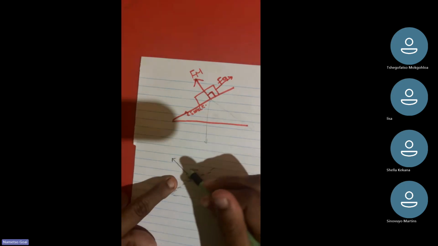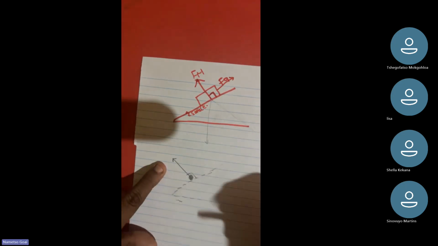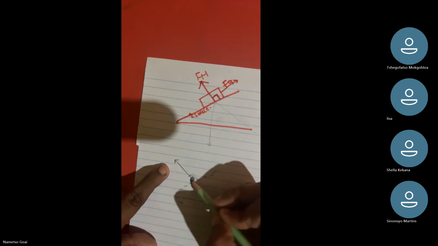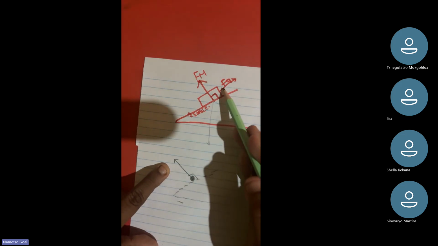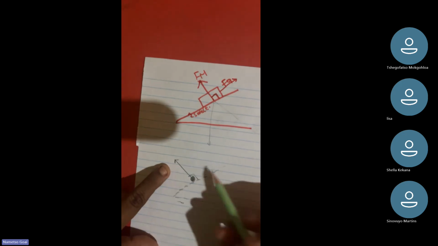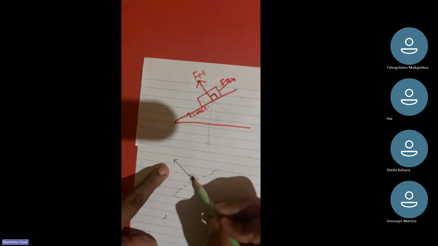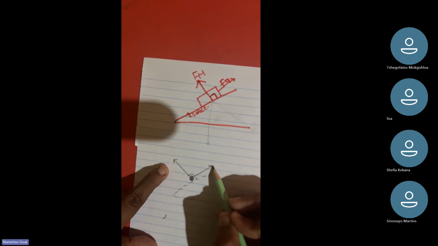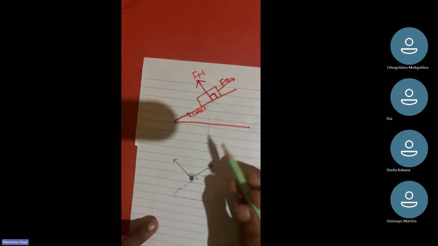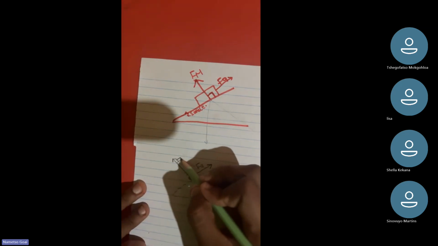Now, look at where Fa, force applied, is going. It's going up. It's pulling the object up. This is the direction in which FA is acting. This is FA. This is FN.